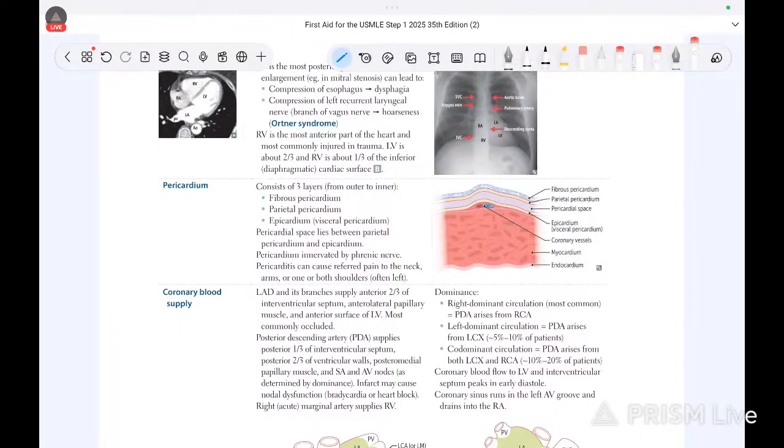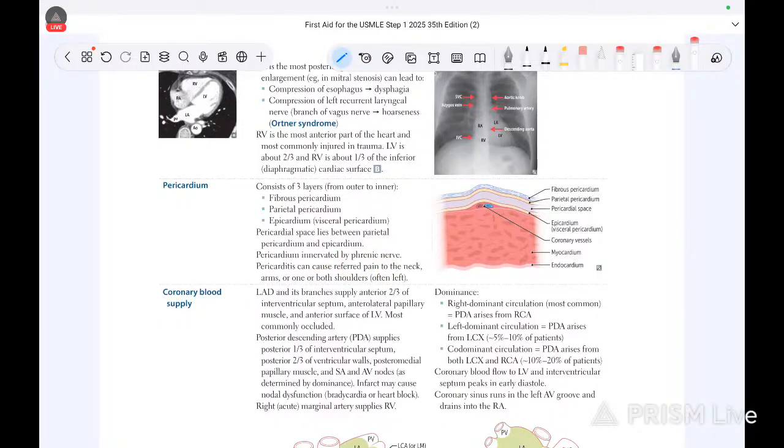Whenever there is a heart attack, we frequently see pain in the chest, along with pain in the left arm or in the jaw. This is because the phrenic nerve is irritated and it causes this referred pain.